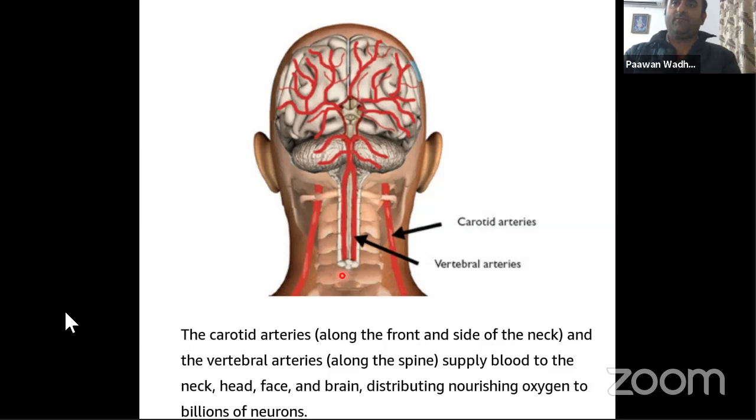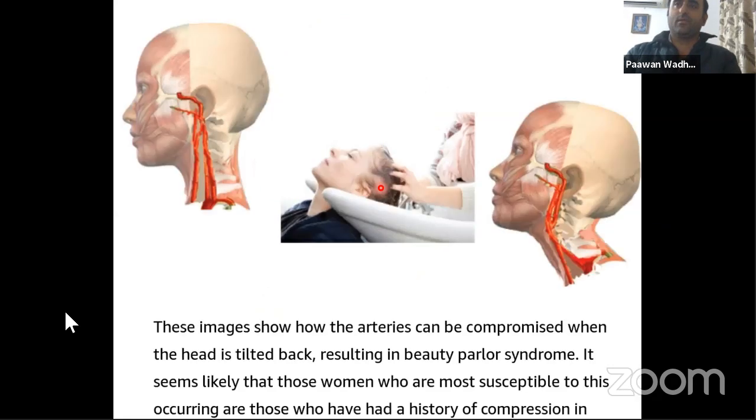But if the vertebral arteries are not properly aligned, what happens is this is what ladies do in a beauty parlor. This is called beauty parlor syndrome. They compress their neck. You see here, this neck is properly lengthened and there is free flow of blood supply to the brain.